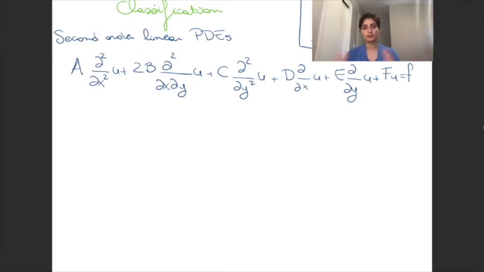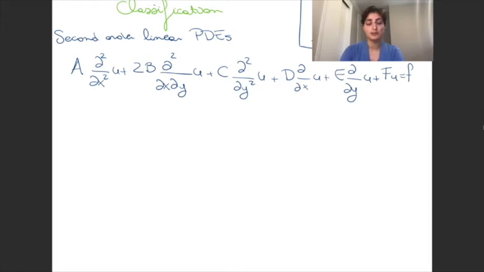So we are restricting ourselves to only looking at things that are linear and don't have any term higher than second order. That means that it has to be of this form, with A, B, C, D, E, and capital F being constants, and f being a function depending on x and y.